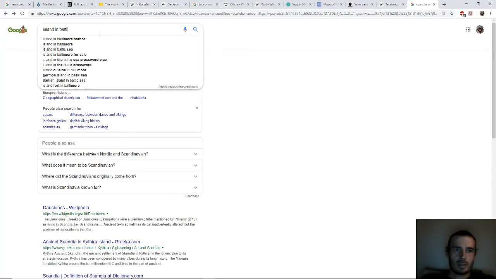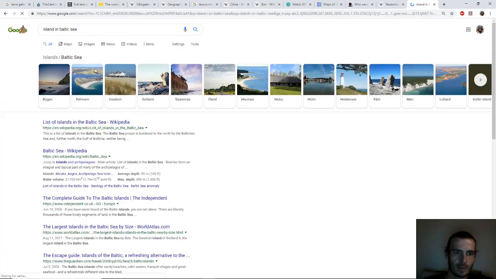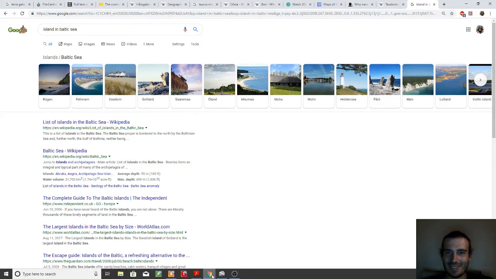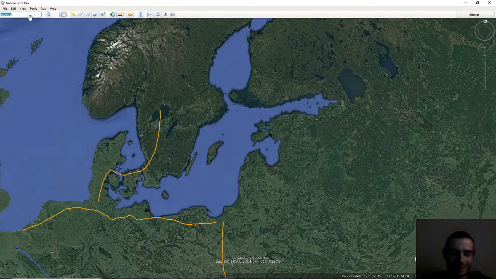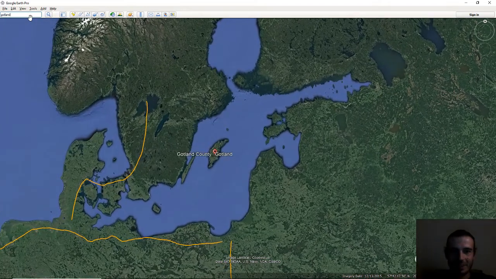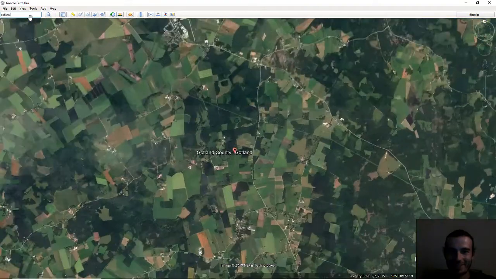Island in Baltic Sea. Gotland? Oh, there's still Gotland? Wow, for reals? Let's see, Gotland. There we go, Gothland.